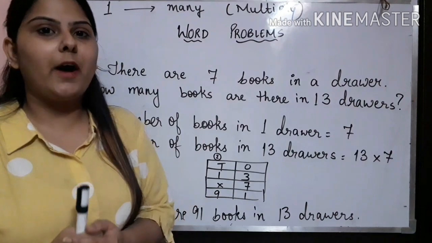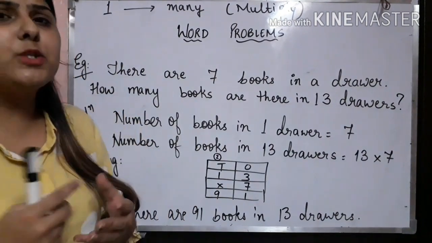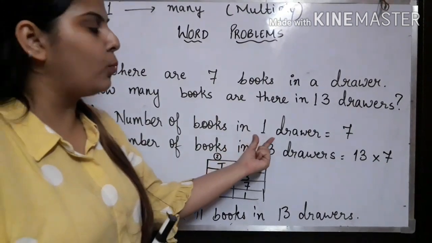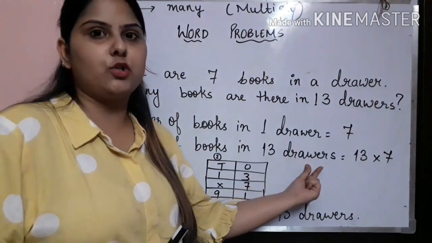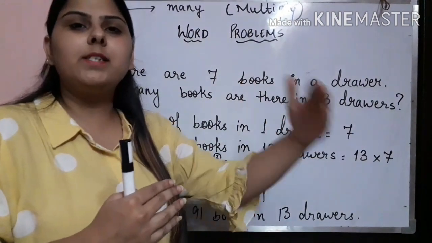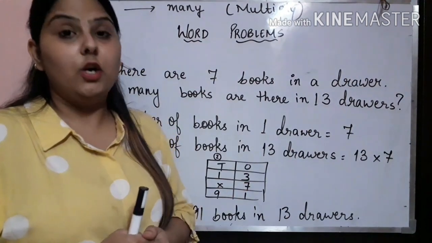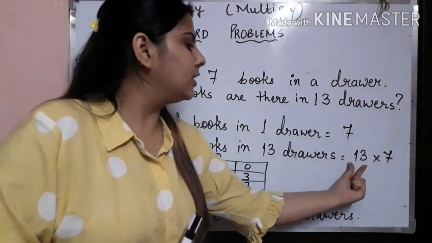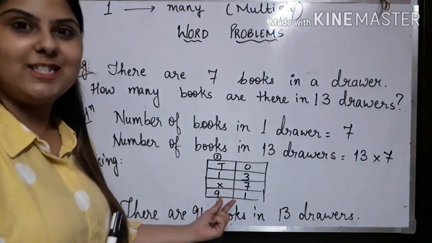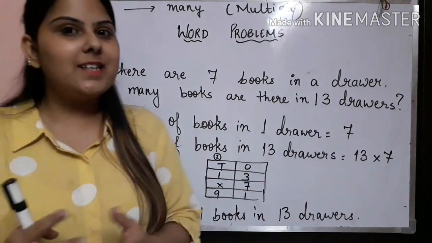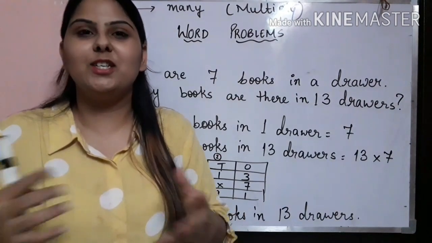If you know that one drawer consists of 7 books, then 13 drawers will consist of 7 plus 7 plus 7, 13 times, and it becomes too difficult to calculate. So what I do here is 13 multiplied by 7, which results in the answer 91. So I find out easily that there are 91 books in the 13 drawers.